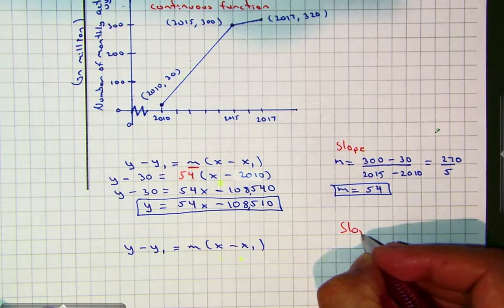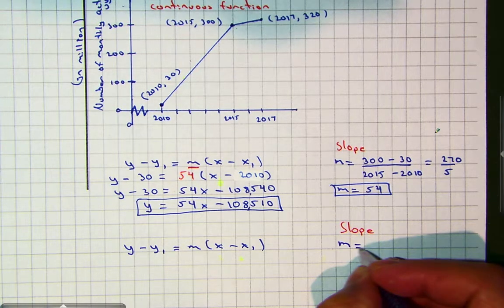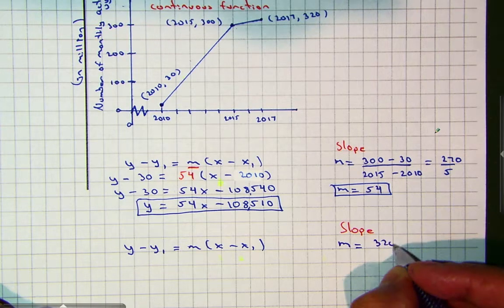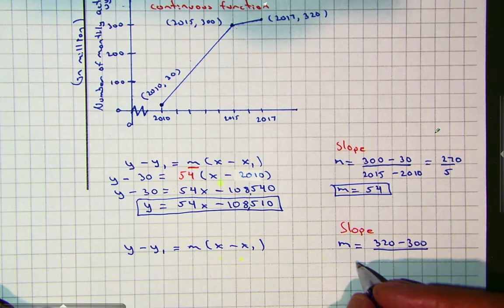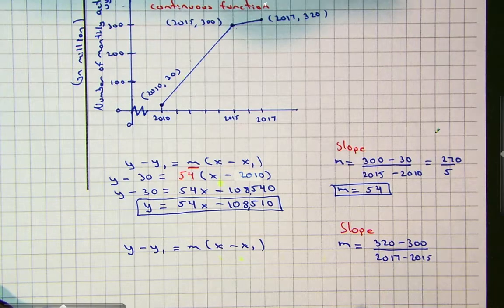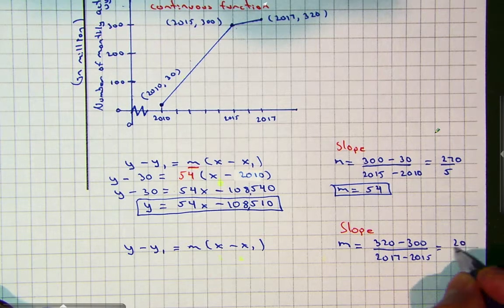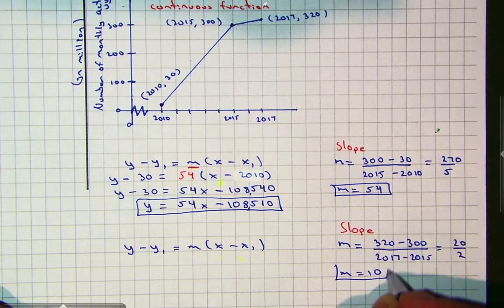So m equals y2 minus y1, so 320 minus 300, over x2 minus x1, 2017 minus 2015, which is 2. So we have 20 over 2, which is 10. So that's a nice number.